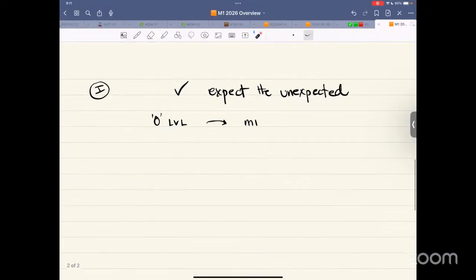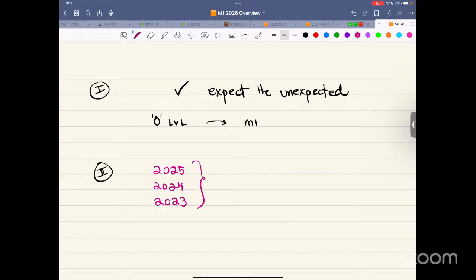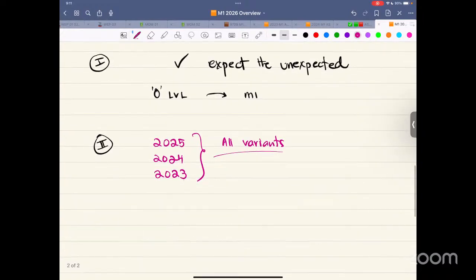Sometimes a lot of people ask this question: which years to focus on? So yes, focus on the years 2025, 2024, and 2023. And if you have done all the variants, that's good enough. If you have not, then pick and choose. That depends on how much effort you can put in and how much time is available.